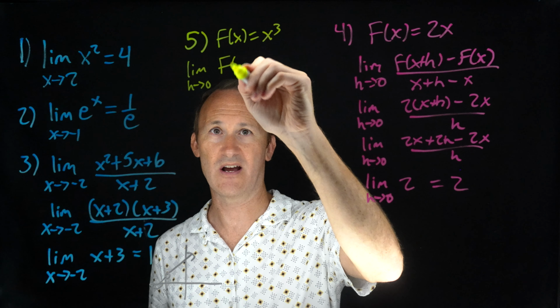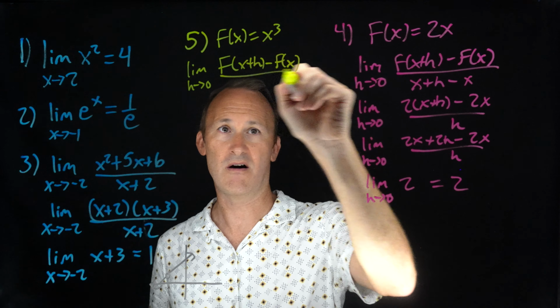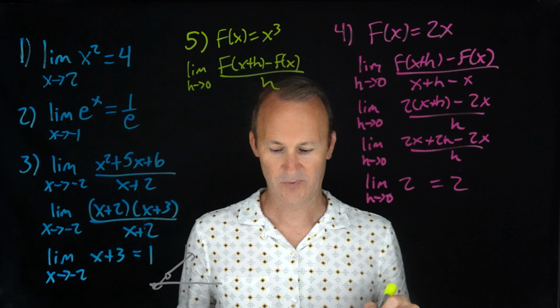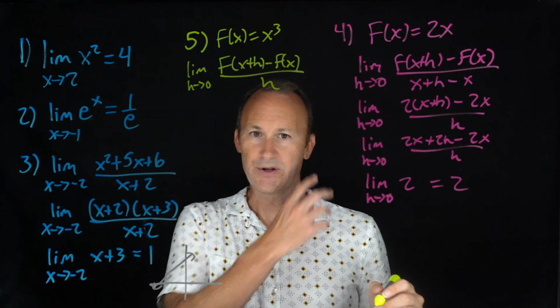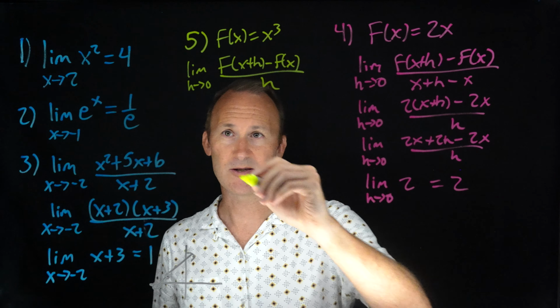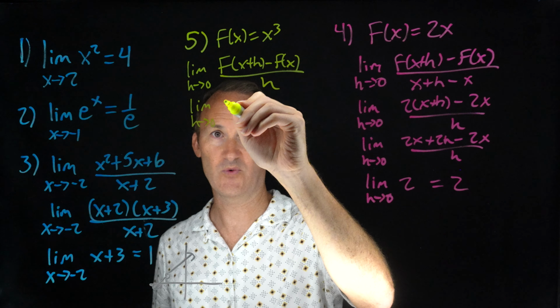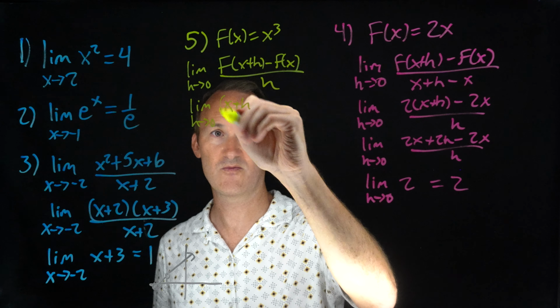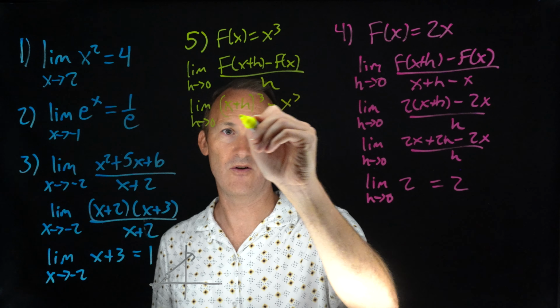This time I'll just write f of x plus h minus f of x all over h. So what do we do here? Well, we've got to cube it. So let's just write that in first, and we get x plus h cubed minus x cubed all over h.